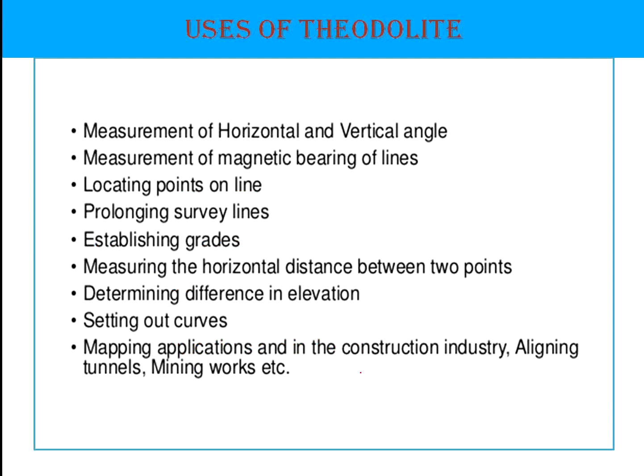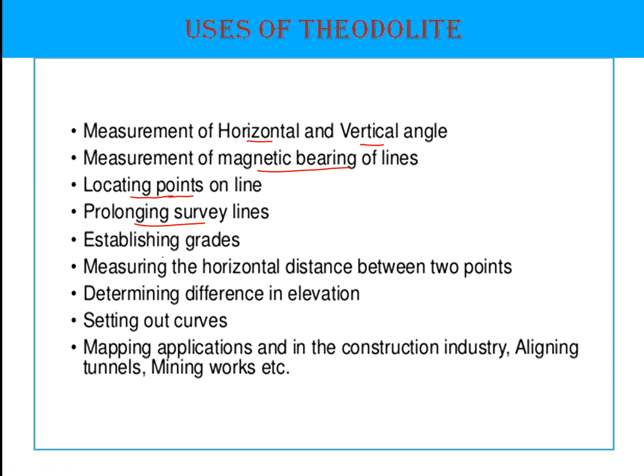So up to this much accuracy can be obtained. Now coming to the uses of the theodolite, as we already discussed, it can be used for measuring both the horizontal as well as vertical angles. It can also be used for measuring the magnetic bearing of the lines, or for locating points on a line, or for prolonging a survey line to another point which is unknown or not visible from the survey stations.